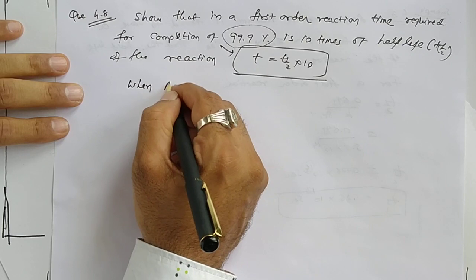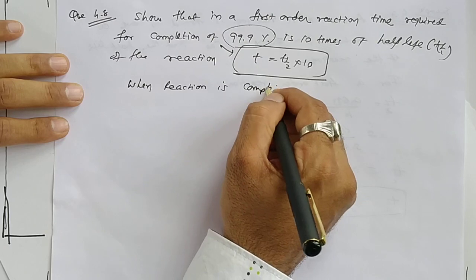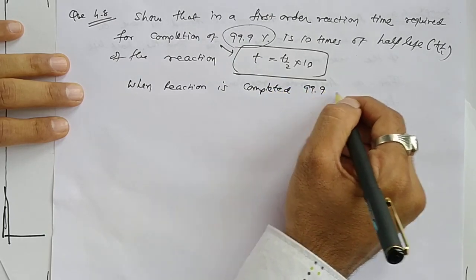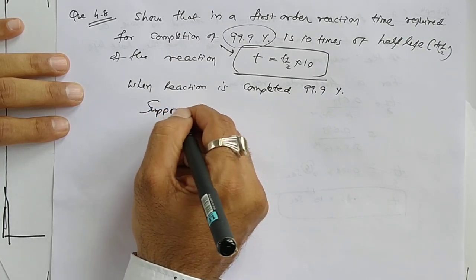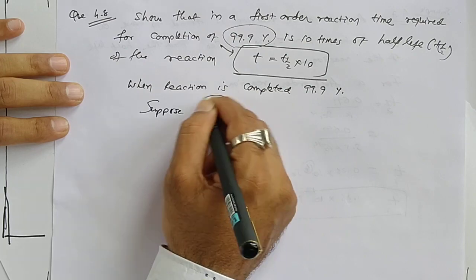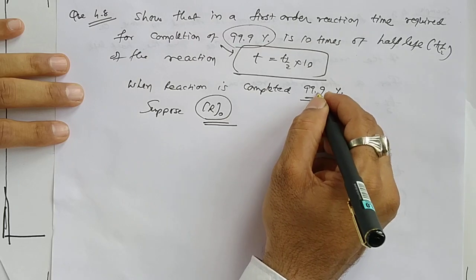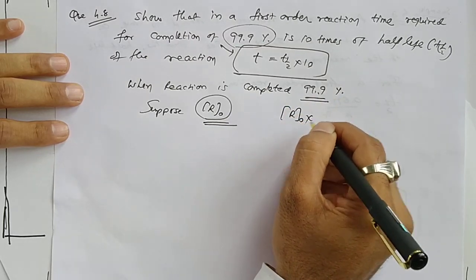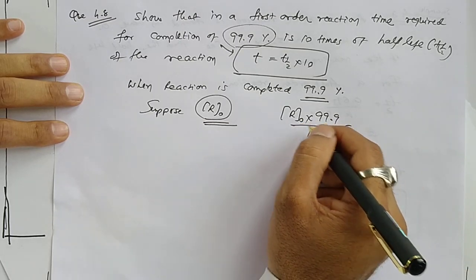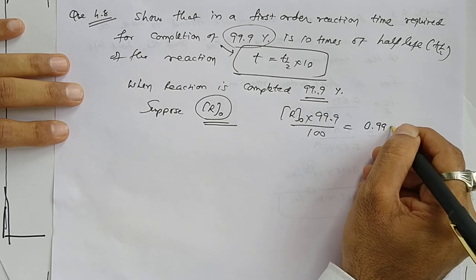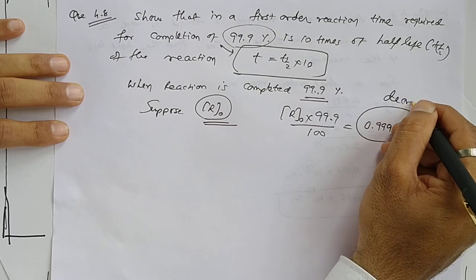When reaction is completed 99.9%. Here suppose initial concentration is R0. When it is 99.9% complete, it means 99.9 multiplied and divided by 100, so 0.999 into R0 is decreased.